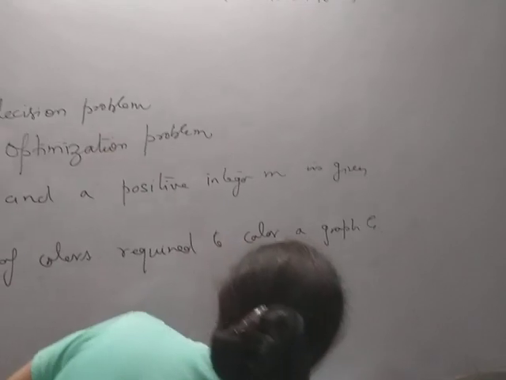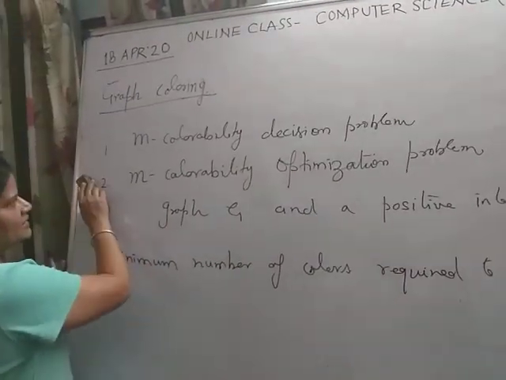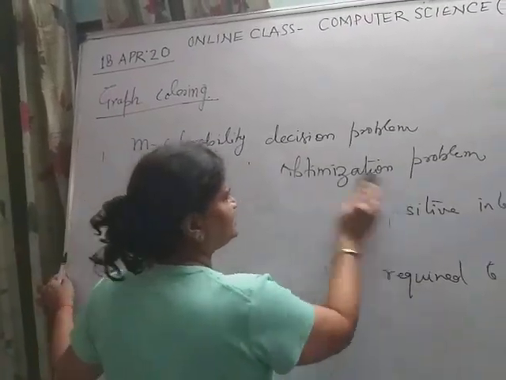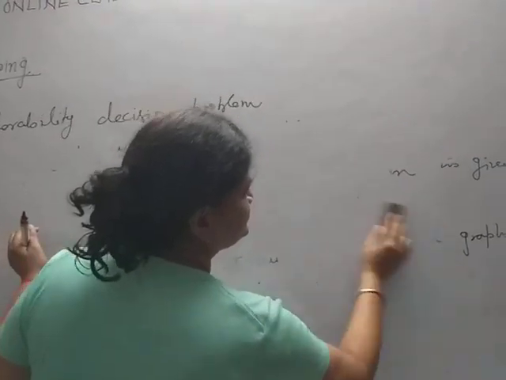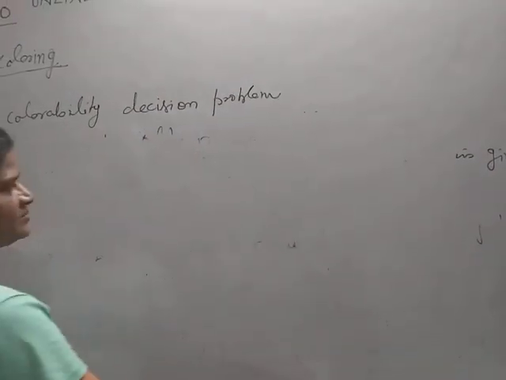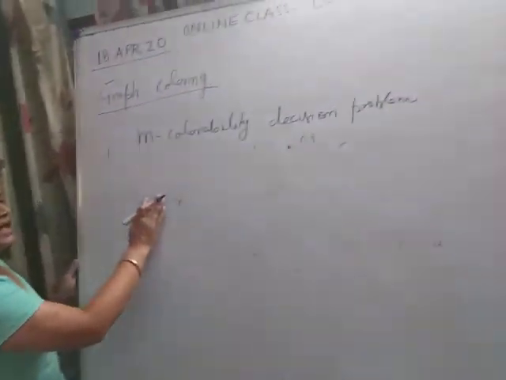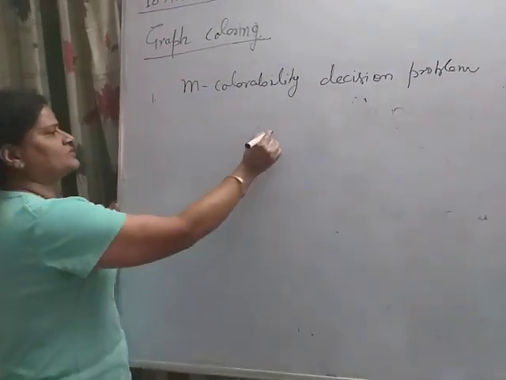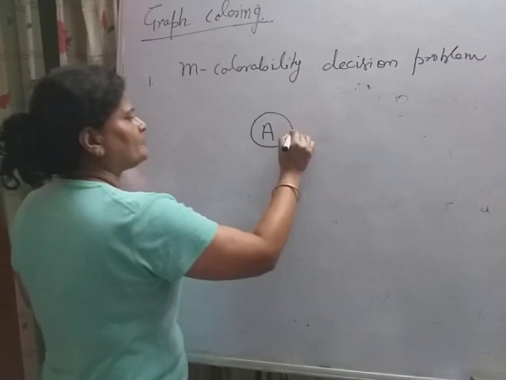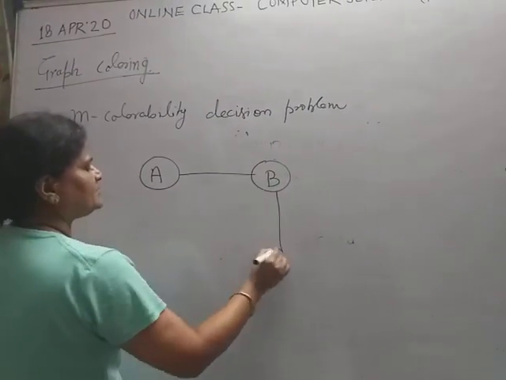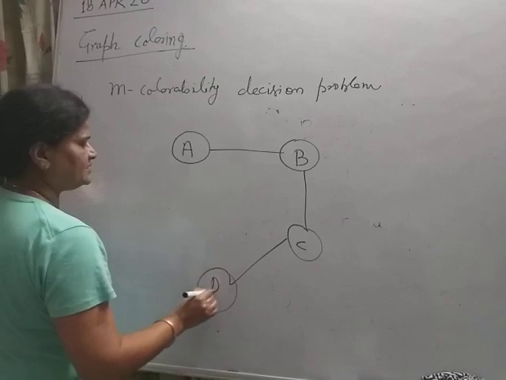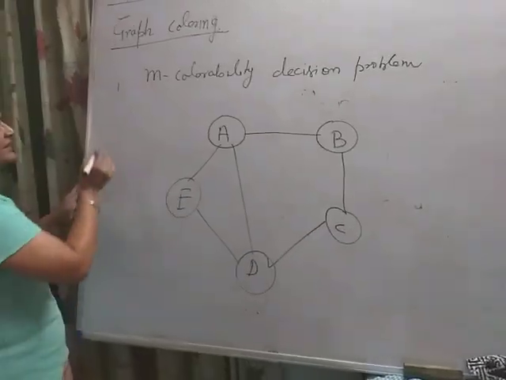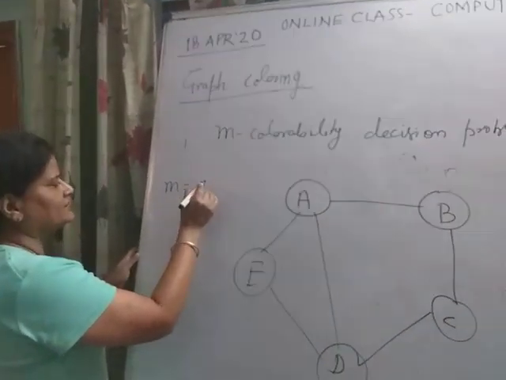Today I will give the backtracking algorithm to solve the M colorability decision problem, where the graph G is given and a positive integer M. Suppose the graph is this: A, B, C, D, E, and there are, say, three colors.